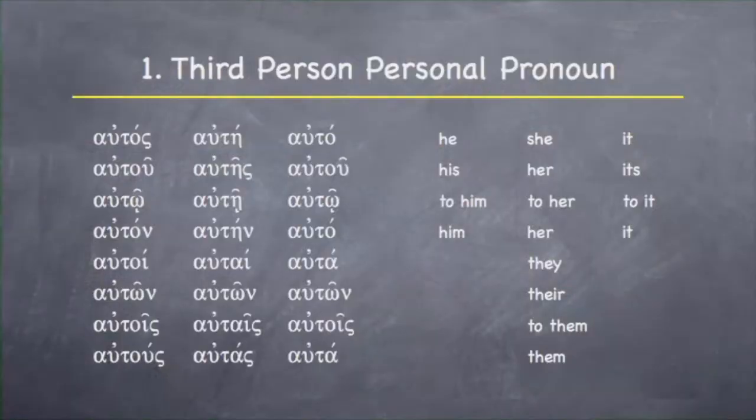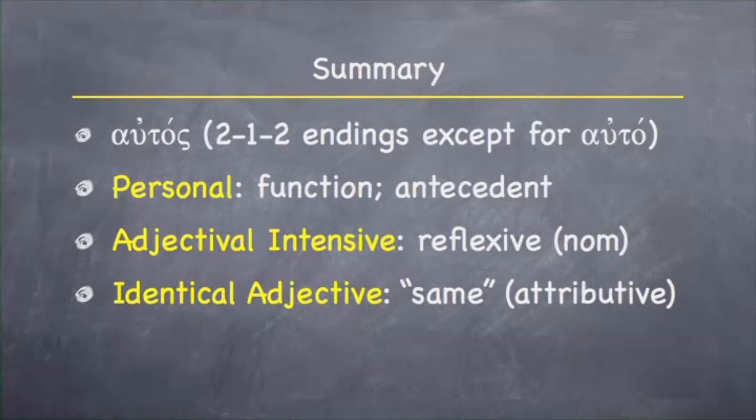So what did we learn in summary? Well, we learned that autos is a normal 2-1-2 word. The only oddity is in the nominative and accusative neuter singular. There's no case ending used, and so we have auto, which means that auton is always accusative singular masculine. And we saw that autos has three basic functions. Hands down, the most common is as a personal pronoun. This is what we've been seeing for several chapters now.